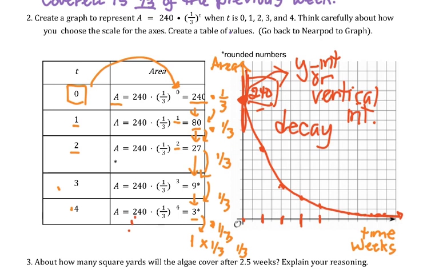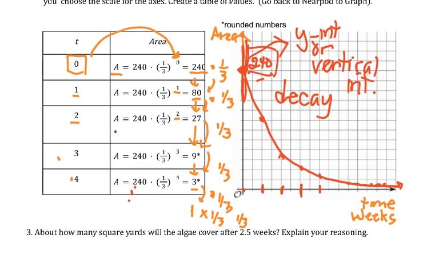All right, so then what you would do, if I had this really nice graph right here, is read the graph. So if this is week 1, this is week 2, this is week 3, I would go to week 2.5, which is right there halfway between, and I would read the graph.